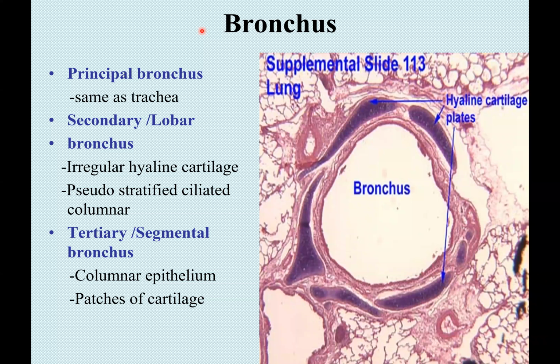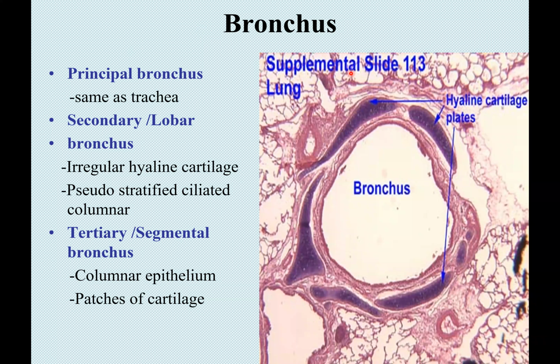So what I'm saying is that when we take the bronchus, the principal or primary bronchus, the organization is just like the trachea: C-ring cartilage, smooth muscle.